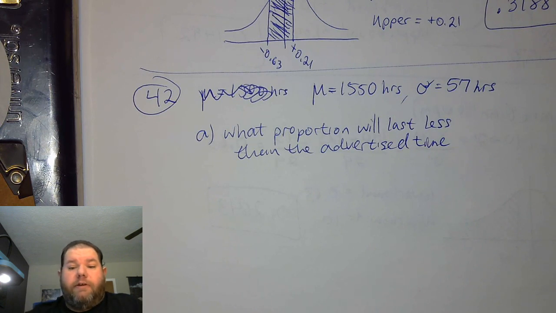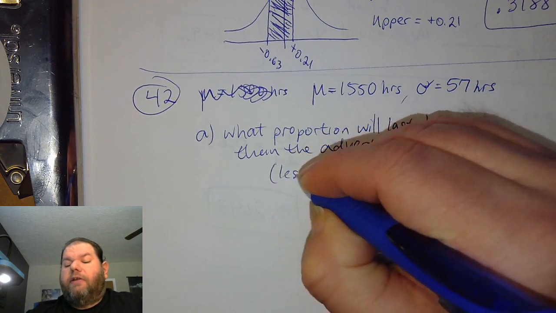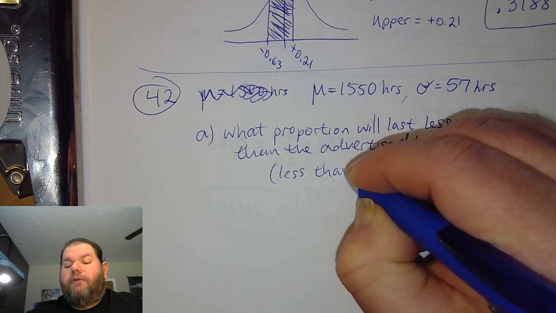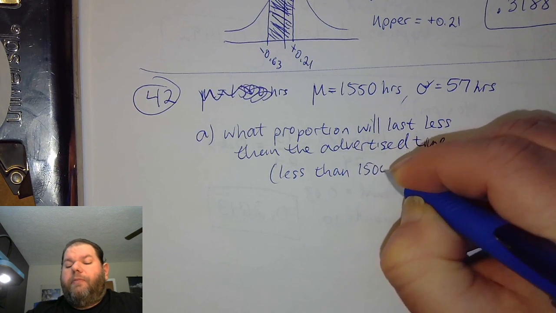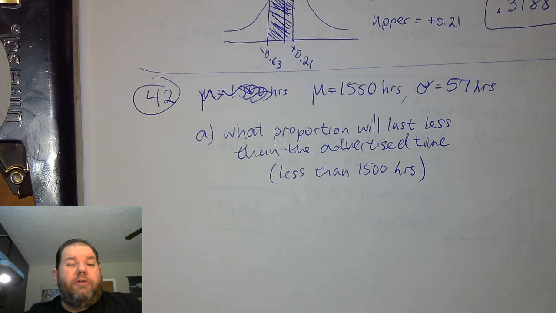Well, what's been advertised to us is that the light bulb should last at least 1,500 hours. So this means less than 1,500 hours. Now, that means that basically we want the probability that a light bulb will not meet the company's statement.